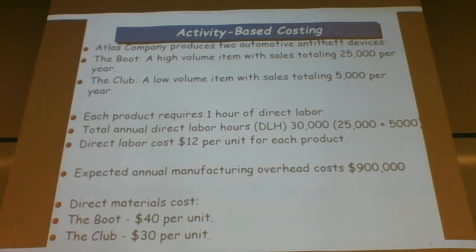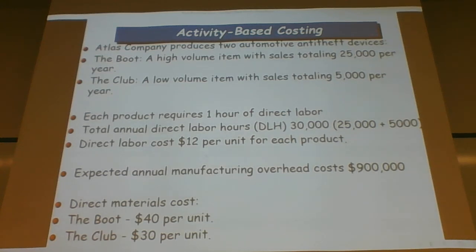Now this next item is where it begins to get interesting. It says expected annual manufacturing overhead costs, $900,000. Direct materials cost, the boot has $40 of cost per unit, and the club has $30 direct materials cost per unit.